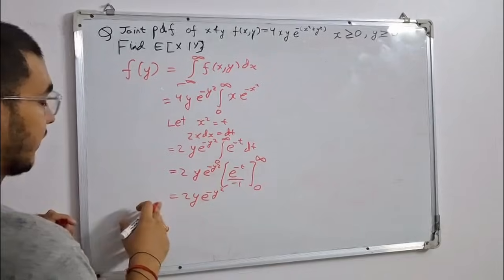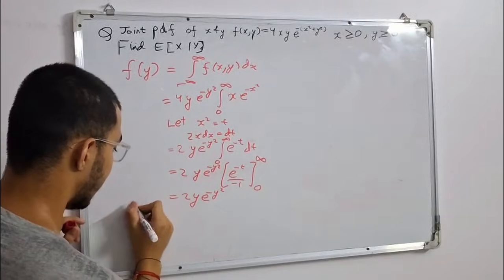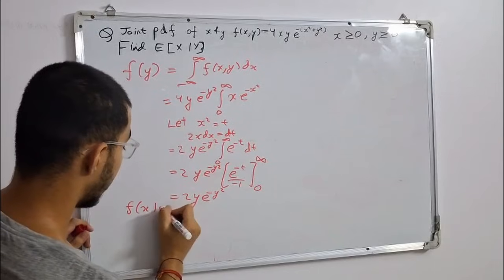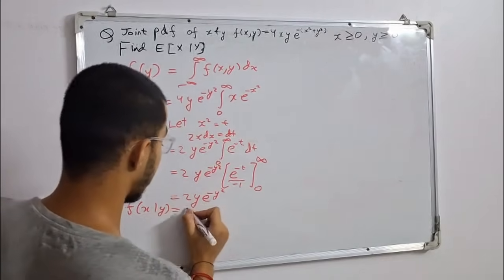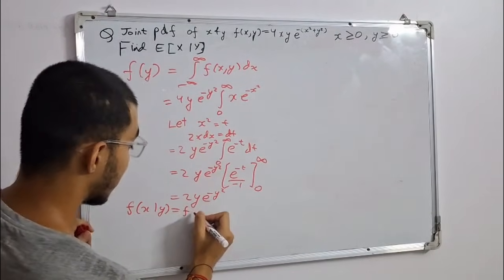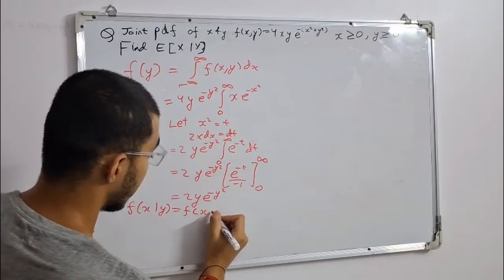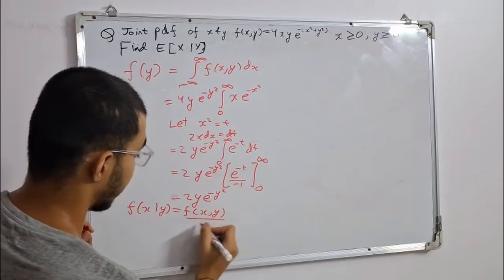So that's fY. Now we can calculate f(x given y), which can be obtained by dividing the joint probability density function by fY.